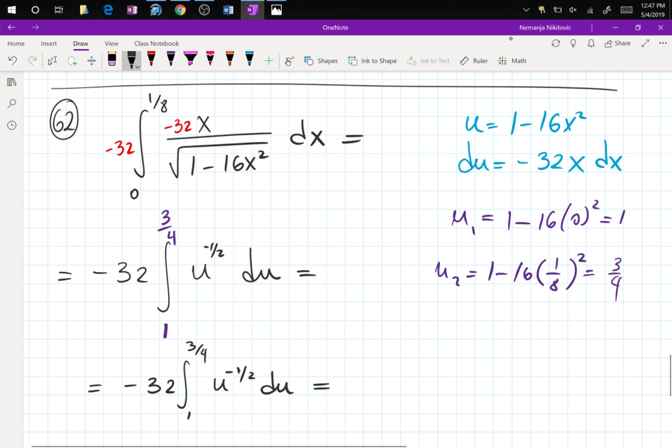Now, what I see is that the larger number is in the denominator. So negative 32 becomes positive 32 when you swap these limits so you can have them in correct order.